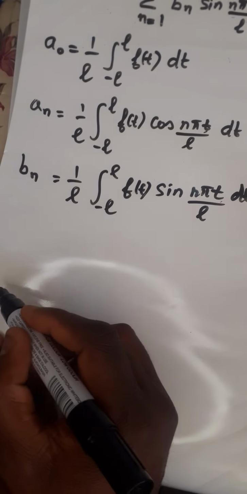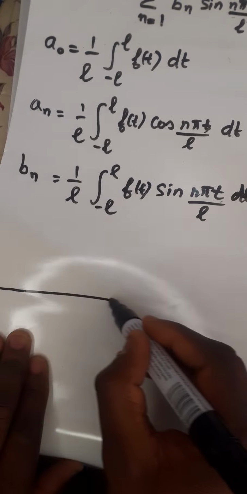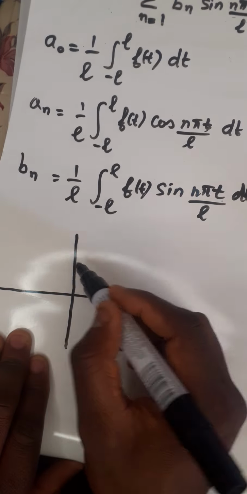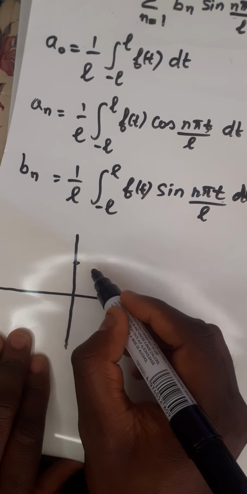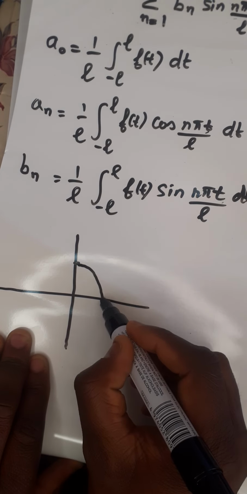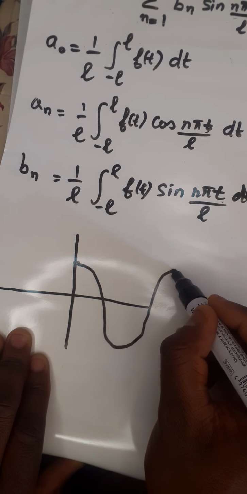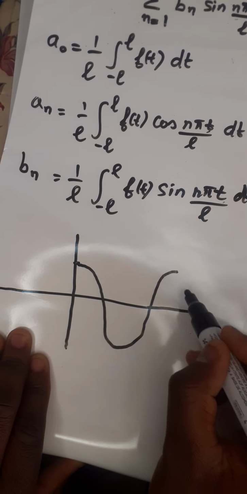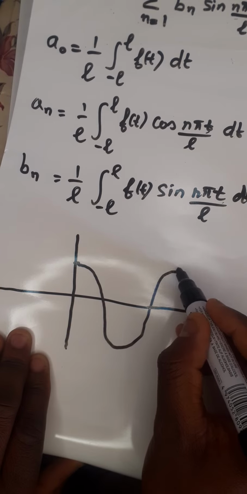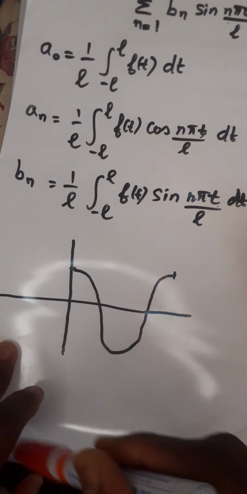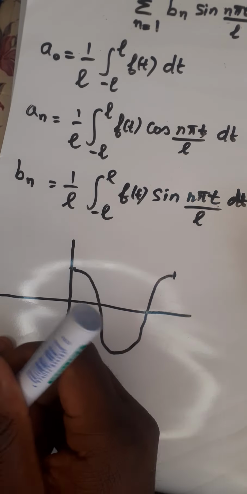I'm going to show something. This is my graph. A cos starts from like this. This is cos, right?